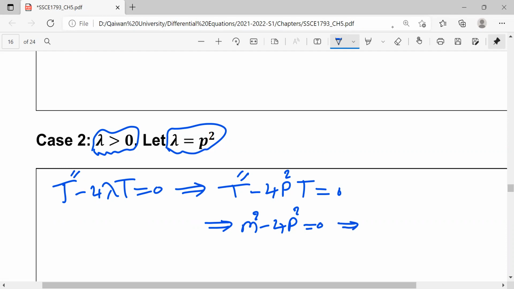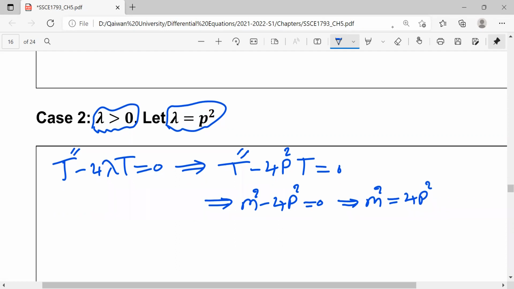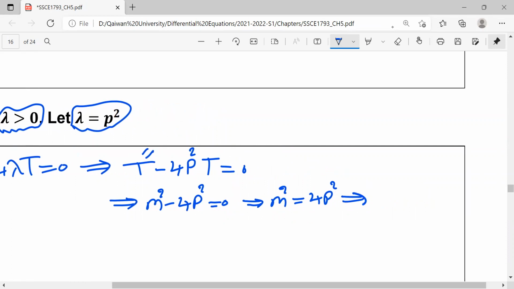And then we get that m squared equals 4p squared, and then m equals plus minus 2p. We get these two distinct real values for m. That means m1 is 2p and m2 is negative 2p.